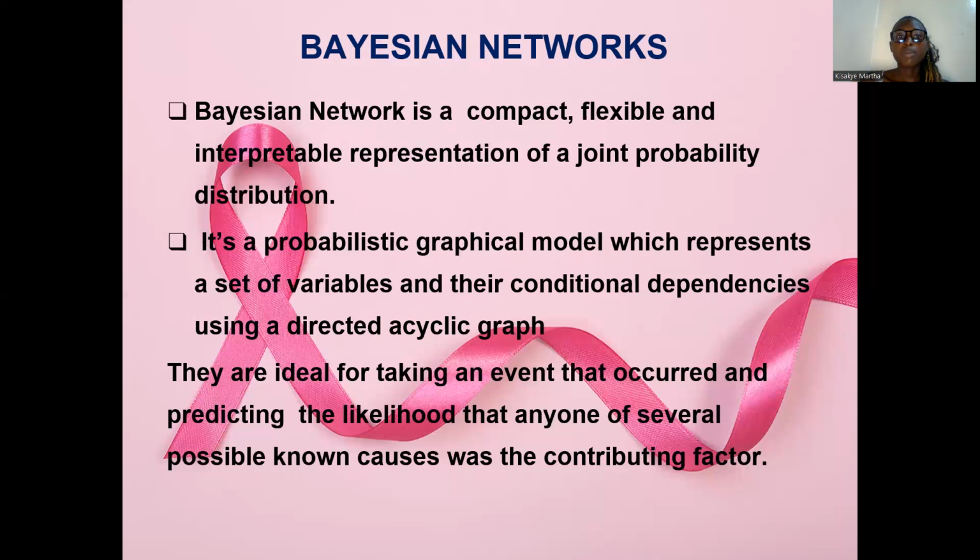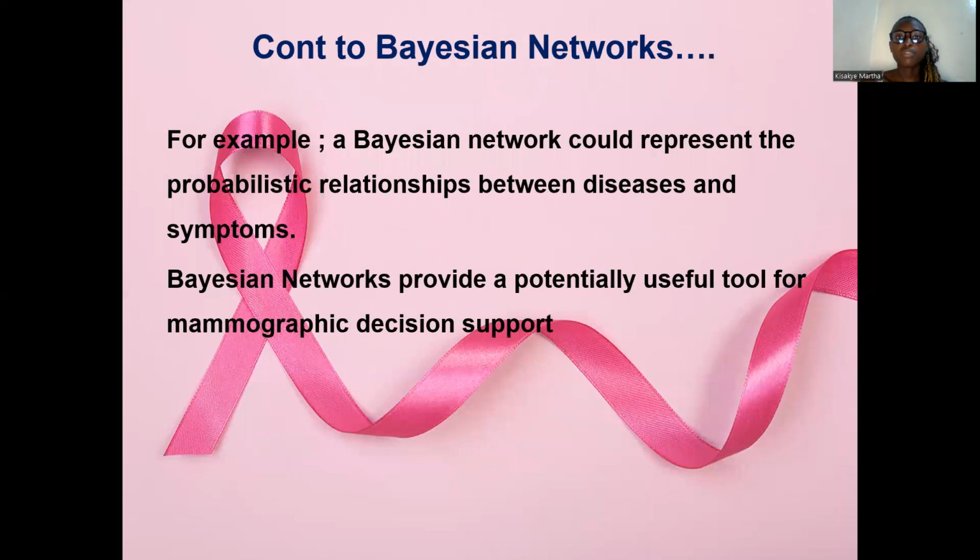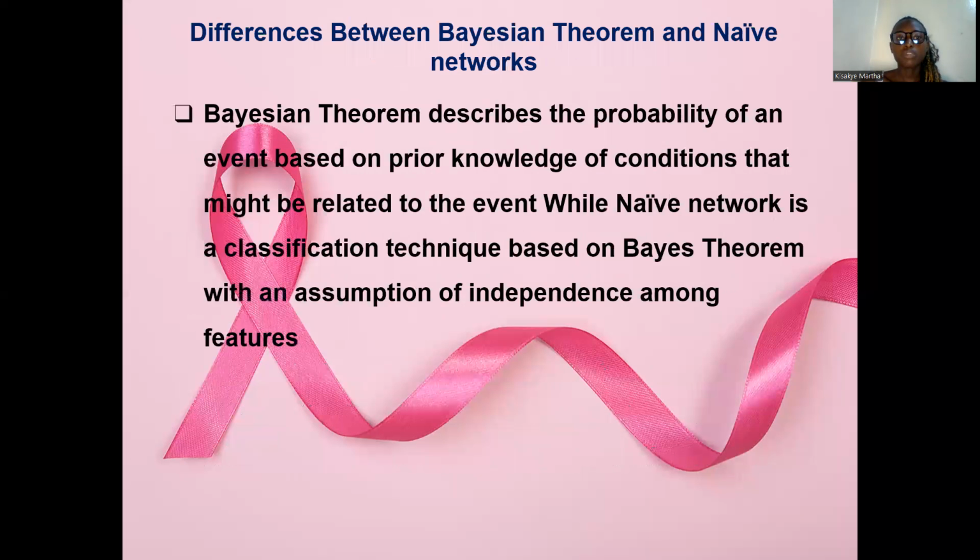It is a probabilistic graphical model which represents a set of variables and their conditional dependencies using a directed acyclic graph. For instance, it could represent the probabilistic relationship between diseases and symptoms. It provides a potentially useful tool for medical decision support.